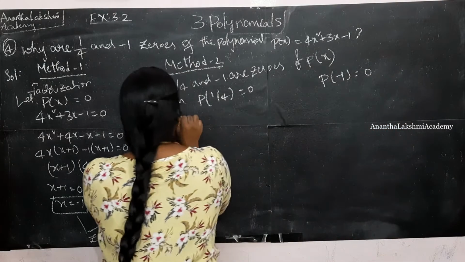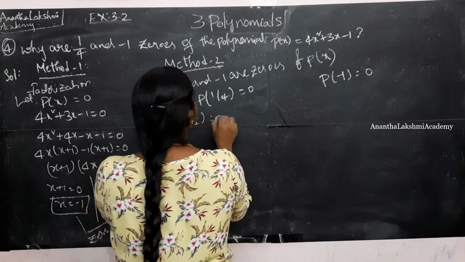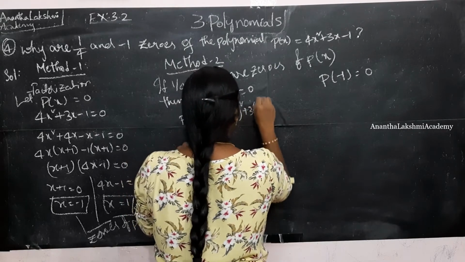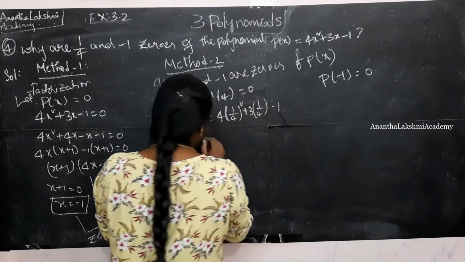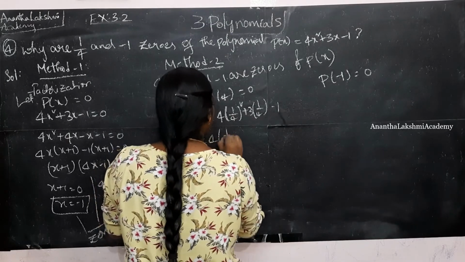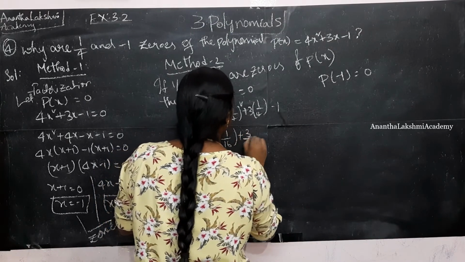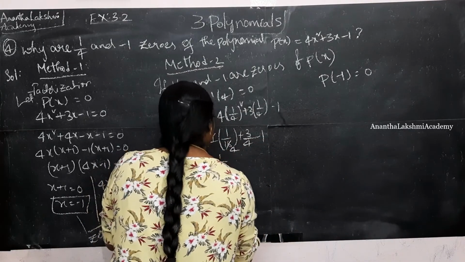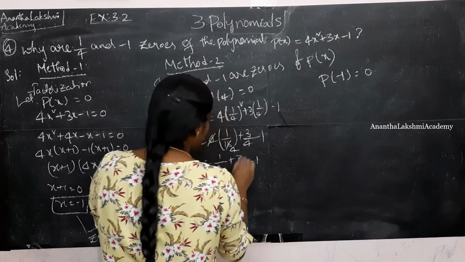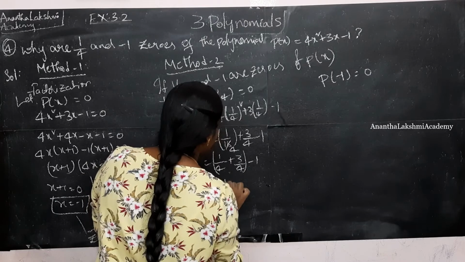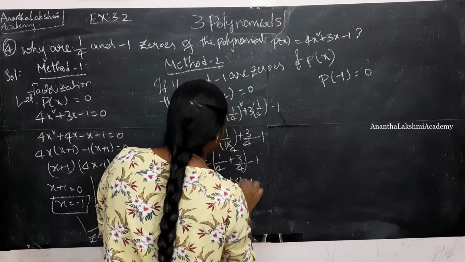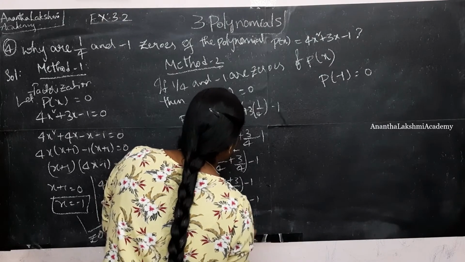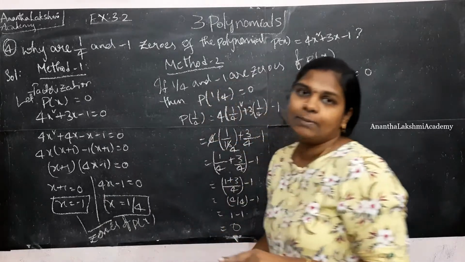So let's try figuring out p of 1 by 4, which is nothing but 4 into 1 by 4 whole square plus 3 into 1 by 4 minus 1. That is equal to 4 into 1 by 16 plus 3 by 4 minus 1. This is nothing but 1 by 4 plus 3 by 4 minus 1. If I take this into one section, this becomes 1 plus 3 by 4 minus 1. That is nothing but 4 by 4 minus 1. That is nothing but 1 minus 1 is equal to 0. So p of 1 by 4 is 0.